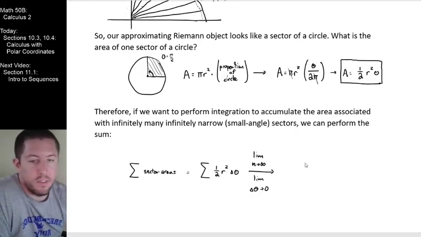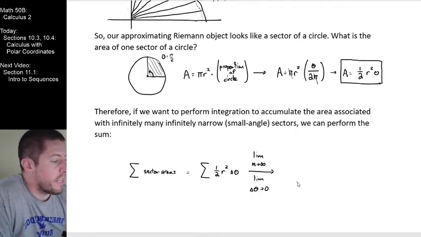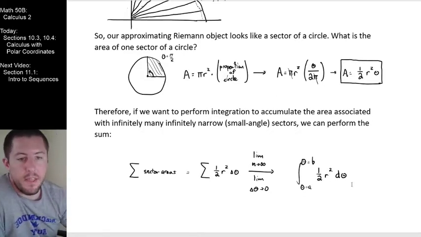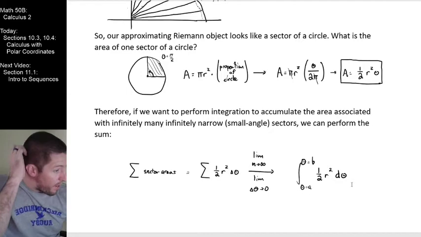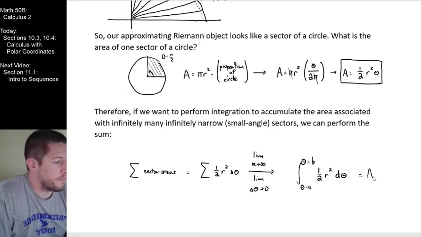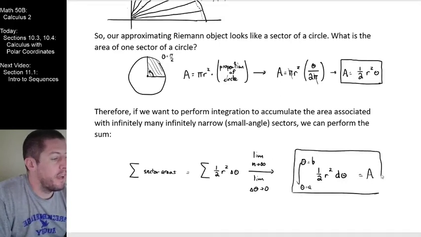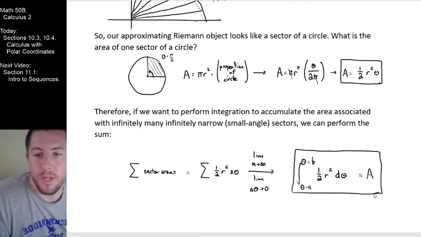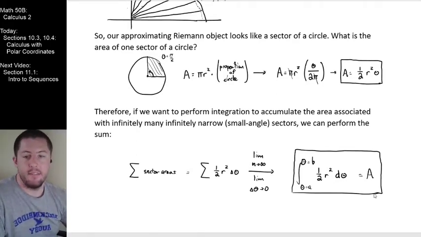Either one of those is an equivalent limit statement. Then this should land us at the integral from theta equals a to theta equals b of 1/2 r squared d theta right there. So this is our good area formula: we're just integrating 1/2 times r squared with respect to theta, and we'll be given the theta bounds over which we're interested in identifying that region's area.